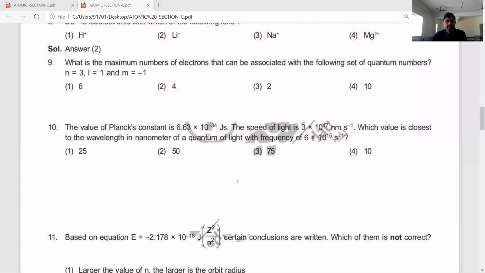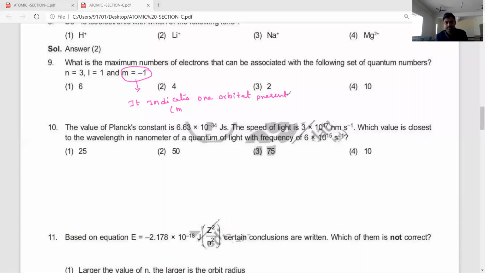Next, ninth question. Let's see, it's very easy. This type of question we already did. What is the maximum number of electrons that can be associated with m equal to one particular value they gave? m equal to one particular value indicates one orbital.